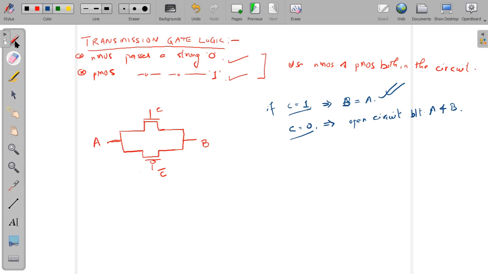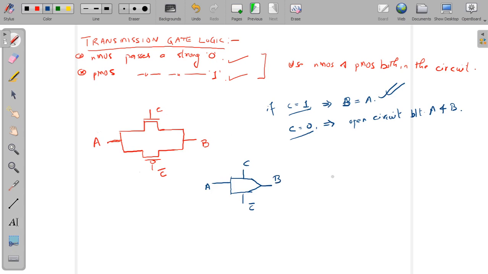And we will use a symbol. There are various symbols for a simple transmission gate. You will see at many times this kind of symbol, where A is the input, this is the control at NMOS, this is the control signal at PMOS gate, and this is the output terminal.